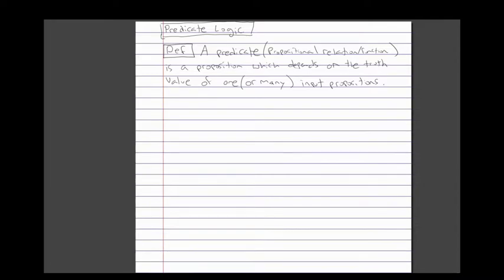So we defined what propositions were in the last lecture. And the idea now is that we say that a predicate is a statement that depends on the truth or false value of some input proposition. It could either be true or false. So it's also a proposition, but now this is a proposition whose truth value really just depends on whatever the input proposition is.